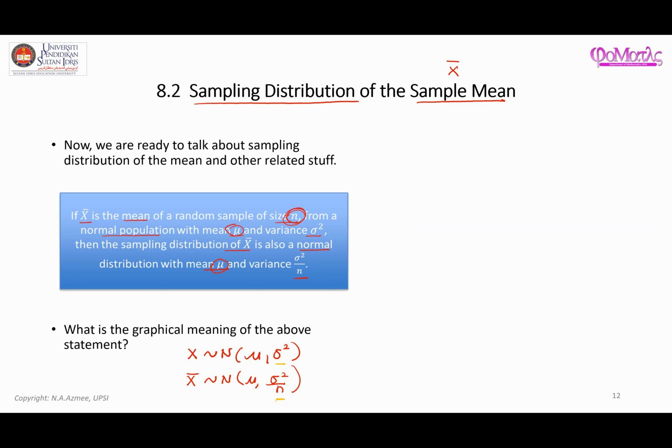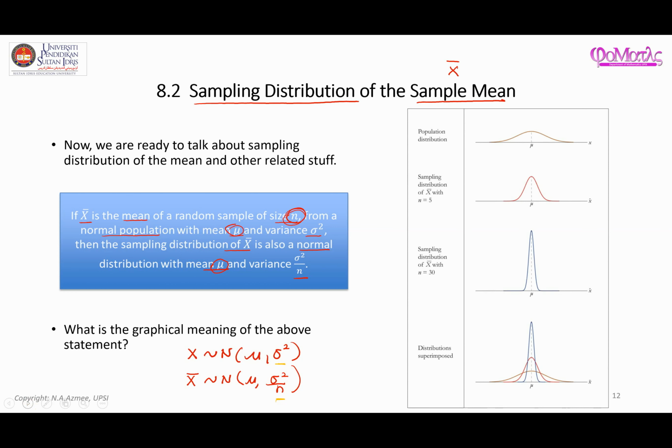Okay. What is the graphical meaning of the above statement? Well, this is the idea. You can see, for example, here is our random variable x. You can see the spread of data here is the largest compared to this one and this one, because these two here are the distribution for x bar.